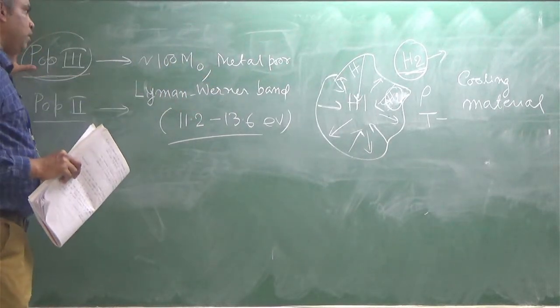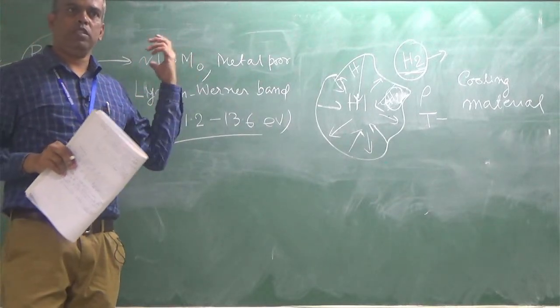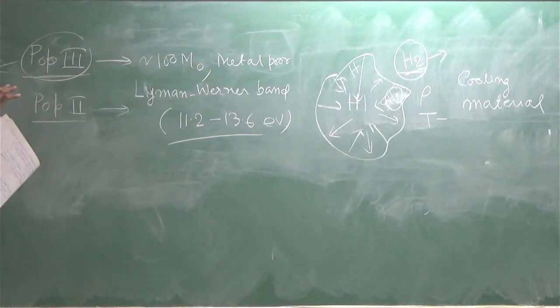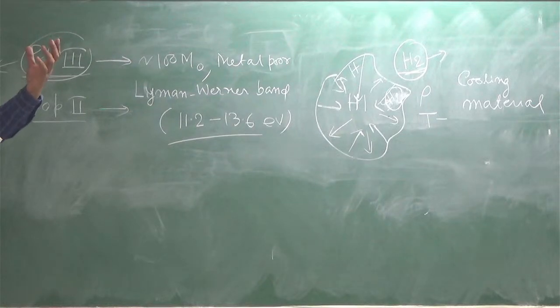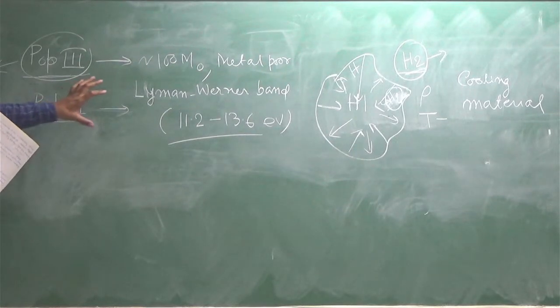So initially we start with population 3, but after some time this generation of stars will vanish from the system, and then population 2 type stars will take over. That is the second generation of stars.